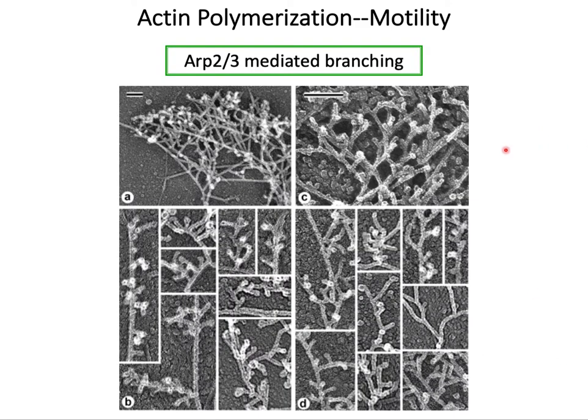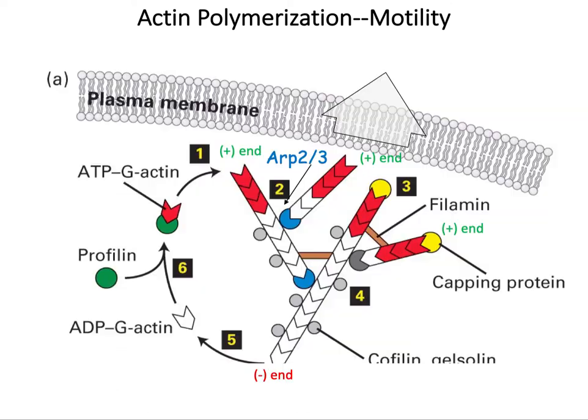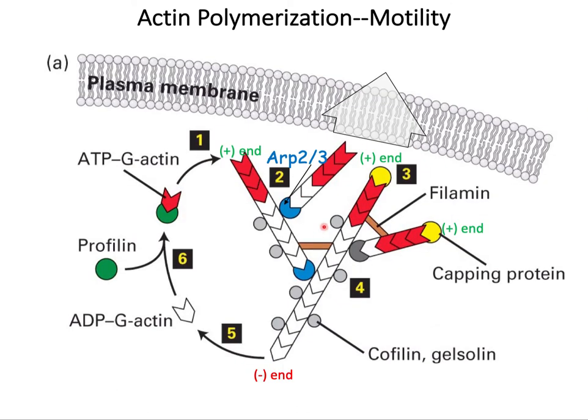On this slide, you can see a very dramatic micrograph that shows the branching accomplished by the ARP2/3 complex. Here is what it looks like at the leading edge of the cell. You have actin filaments growing. You have the ARP2/3 bound to the side, shown here in blue, so you are forming these branches.